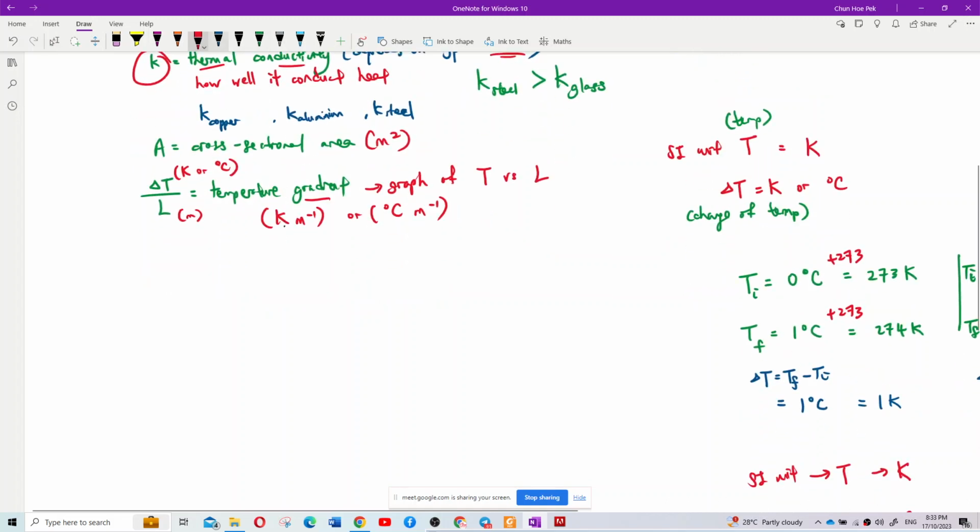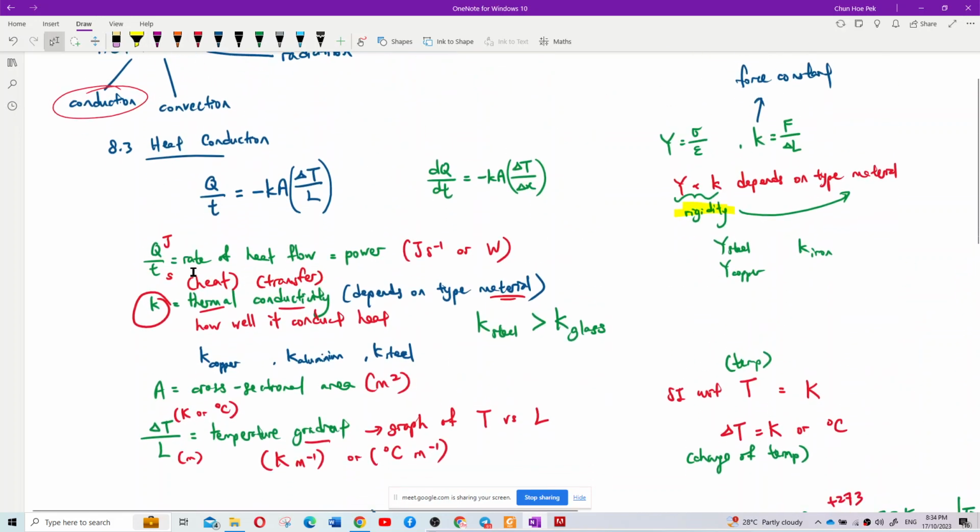Okay, write the formula again. Write many times, never mind. The more we write, the more we remember. So what's the unit for rate of heat flow? Rate is like time, and heat is like energy.